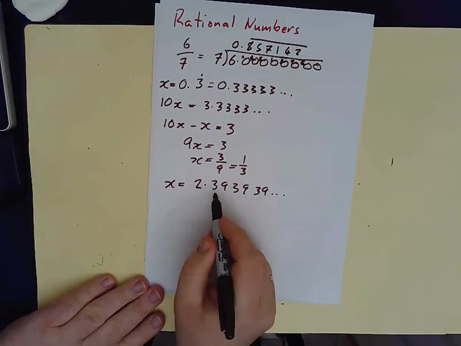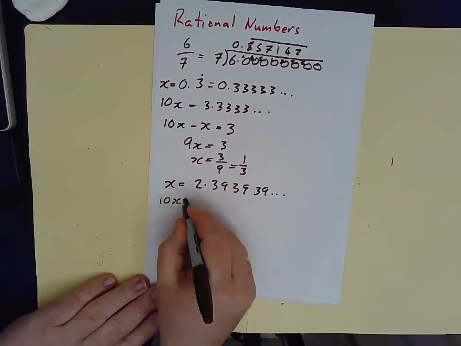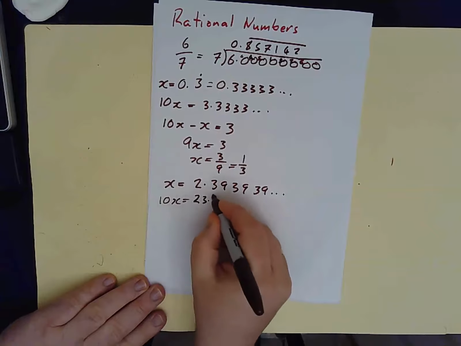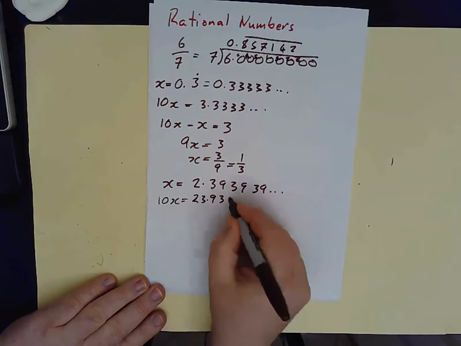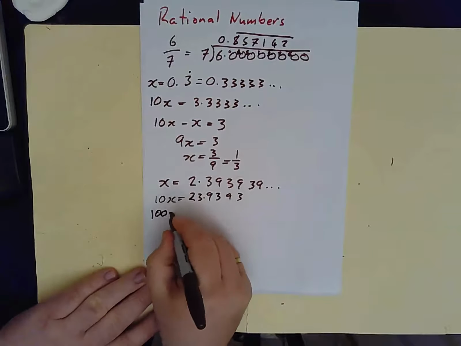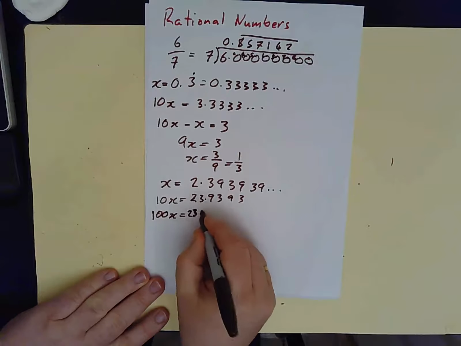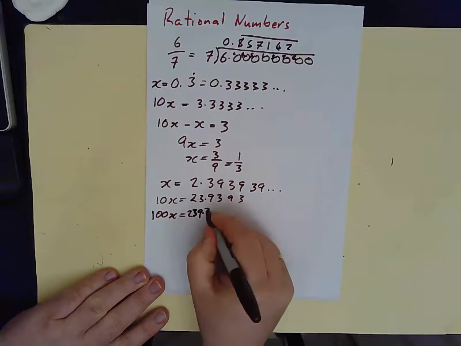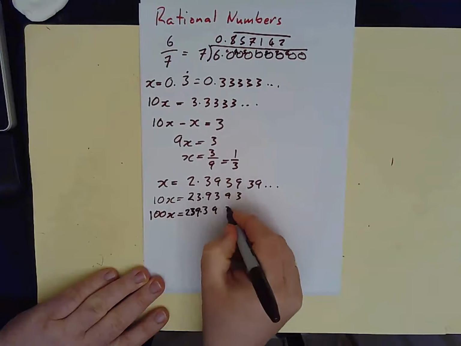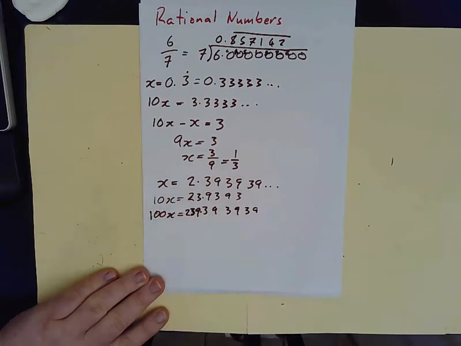Secondly, if I times this by 10, I'm going to have everything out by 1. So if I did 10x, I'm going to have 23.9393, and notice they don't line up nicely. So what I want to do here is times by 100, because that will make them all line up nicely. 239.393939, and now you can see that these decimals all line up.